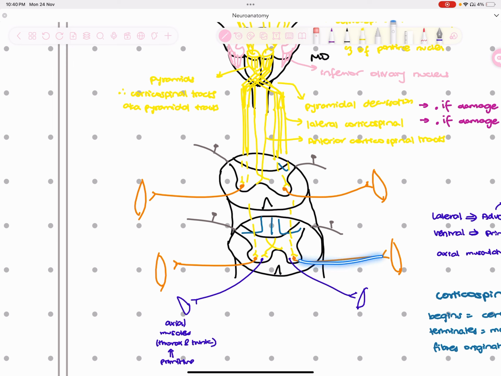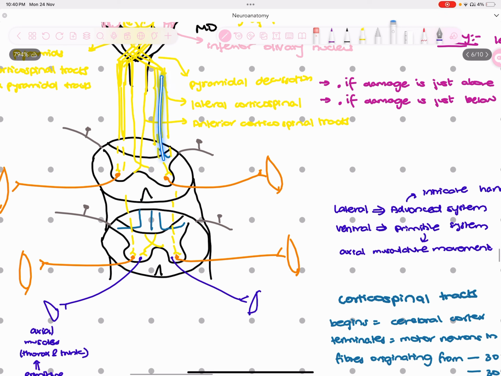So these are concerned with your voluntary movement, rapid skilled movement, right? Now moving on. So you have a lateral corticospinal tract and an anterior corticospinal tract.